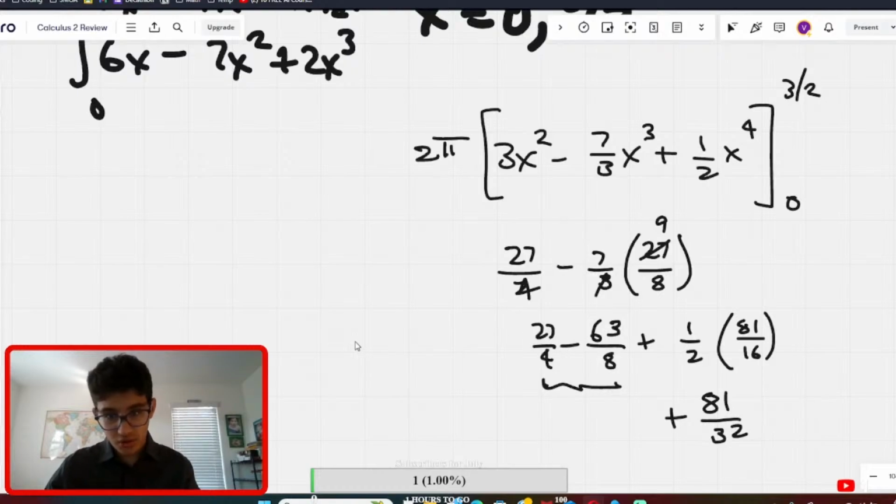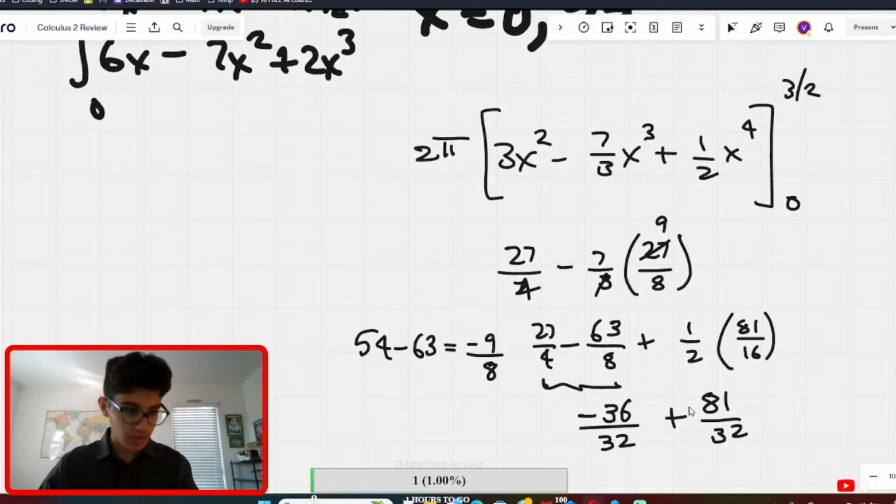This becomes 54 minus 63. Okay, so this becomes negative 9 over 8. And so you multiply it by 4, you get negative 36 over 32. Okay, this is what we have here. When you add them, you get 45 over 32. There's nothing you can simplify there.